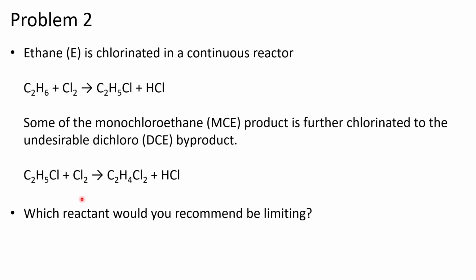As with the partial oxidation of methane or of ethylene to form an oxygenated product, here we probably want to keep the chlorine as a limiting reactant to suppress the second reaction. If the ethane is in excess, and in fact could be in significant excess, then we'll consume most of the chlorine in producing the monochloro. If chlorine is the limiting reagent, there won't be enough to produce a significant amount of the dichloro.